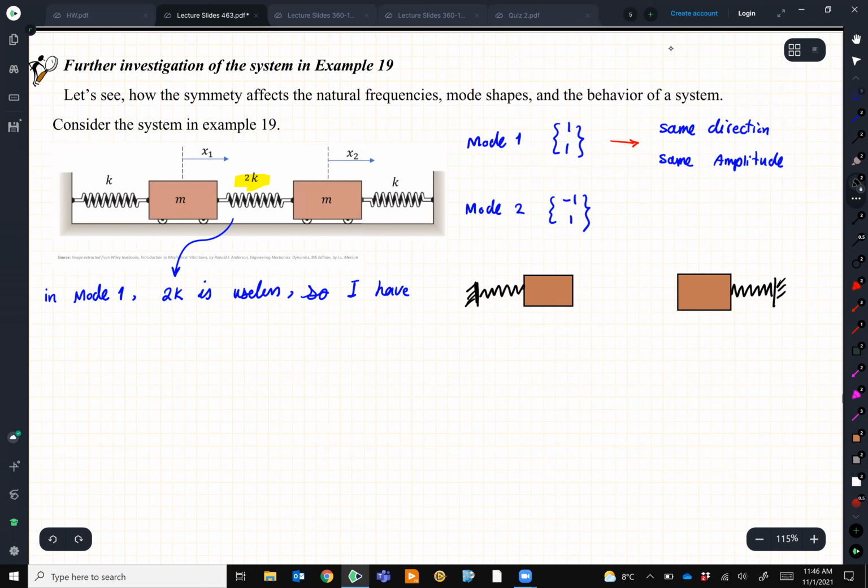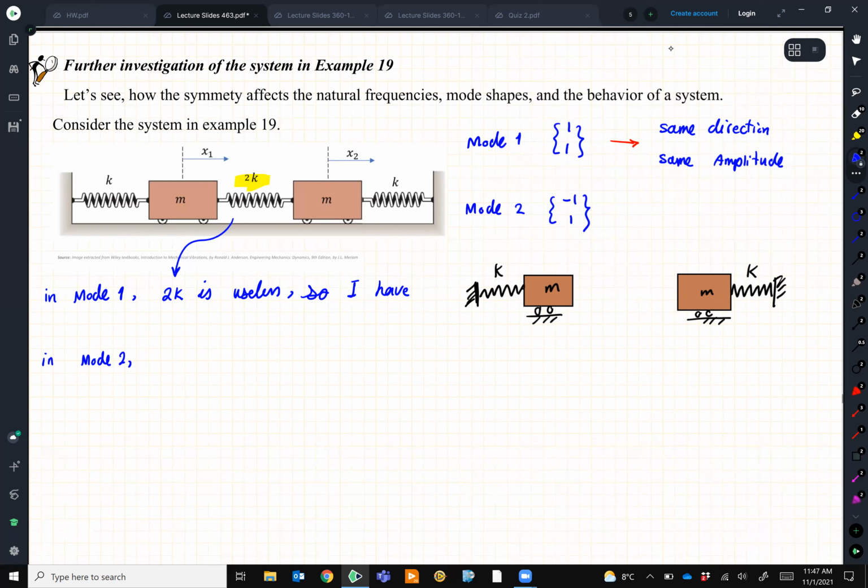What about mode 2? And this is K, this is M, this is K, this is M, and of course they are in mode 2. So now I want you to answer this one. What about mode 2? Mode 2, these two in opposite direction.